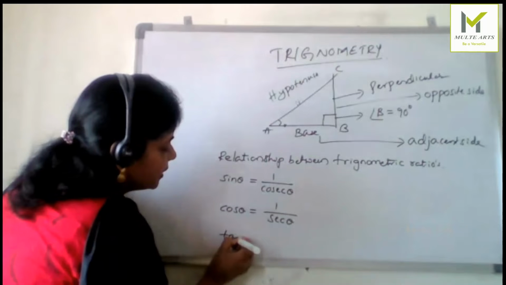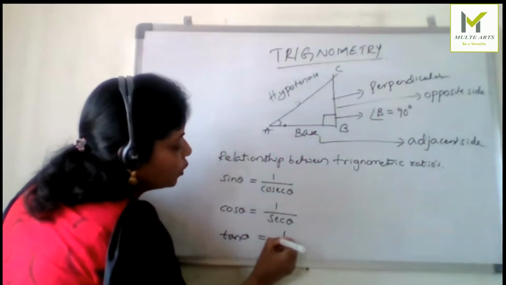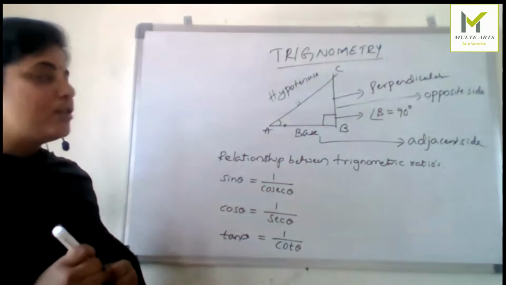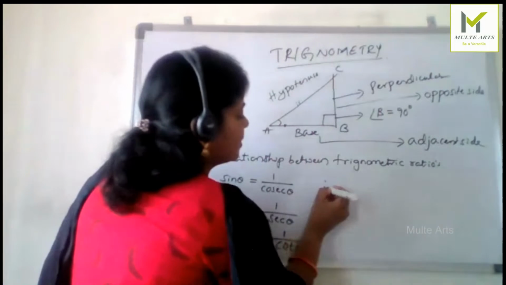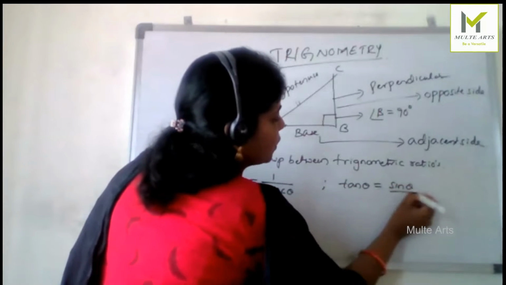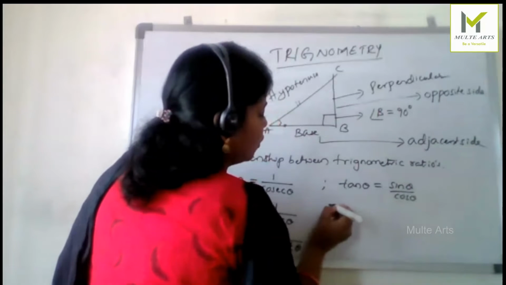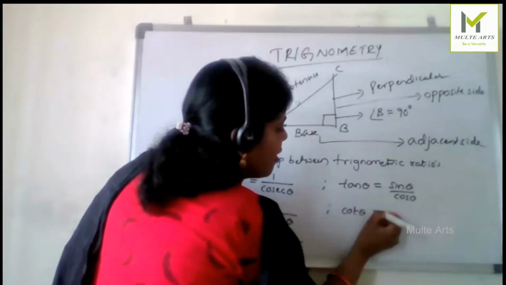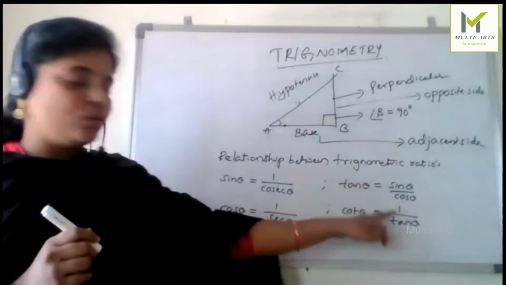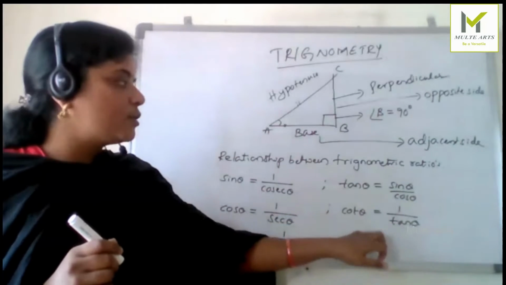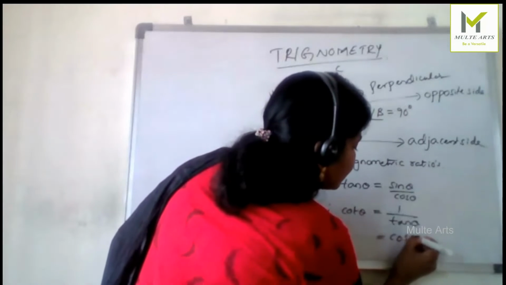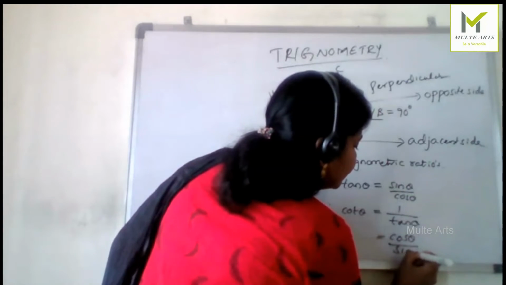Tan theta can be defined as 1 by cot theta, and tan theta can also be defined as sin theta by cos theta. And cot theta can be written as 1 by tan theta. That means cot theta is the reciprocal of tan theta, which can also be written as cos theta by sin theta.